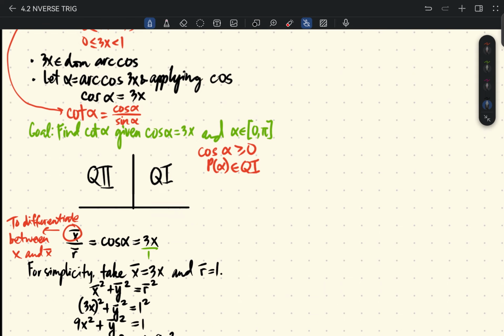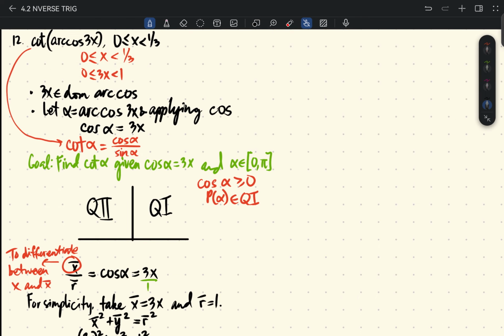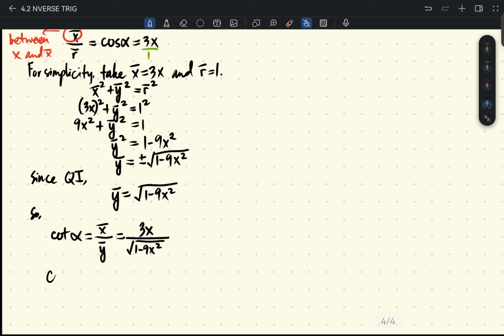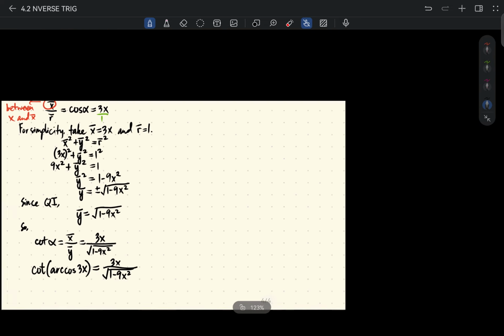And going back to the first step that we did, alpha is arc cos of 3x, and so we have cotangent of arc cos of 3x equals 3x over the square root of 1 minus 9x squared.